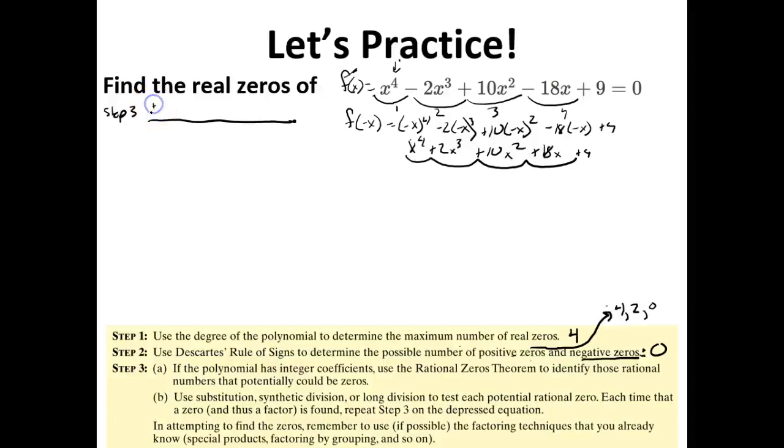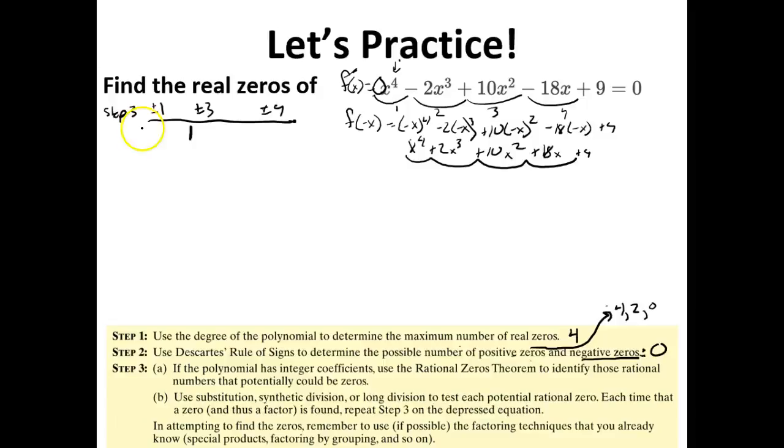Factors of 9 are plus or minus 1 or plus or minus 9, because 1 times 9, and then plus or minus 3, 3 times 3, so I think that are all the factors of 9. On the bottom, we could have possible factors of that coefficient, which is 1, which is only plus or minus 1, but again, if we use plus or minus 1 on the bottom as well, we're just going to have lots of repeats, so I'm just going to use just 1.